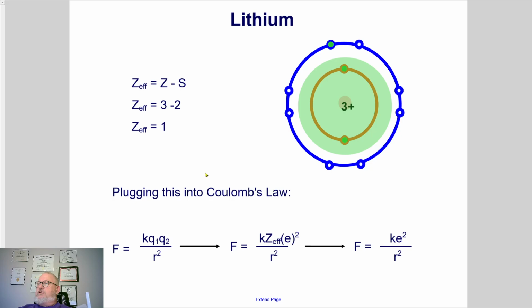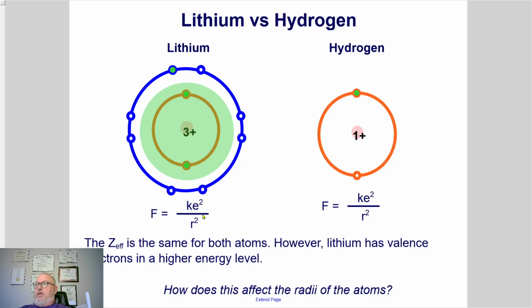Lithium, okay, so now, it has 2 inner electrons, atomic number of 3, so 3 minus 2 is 1, so the Zeff is 1. Comparing it to hydrogen, both of them have a Zeff of 1, but what's the difference?